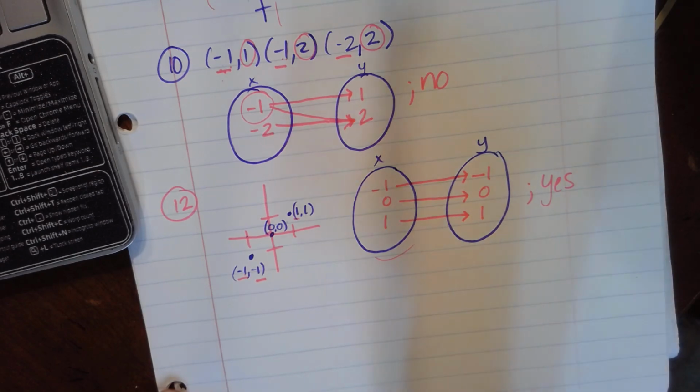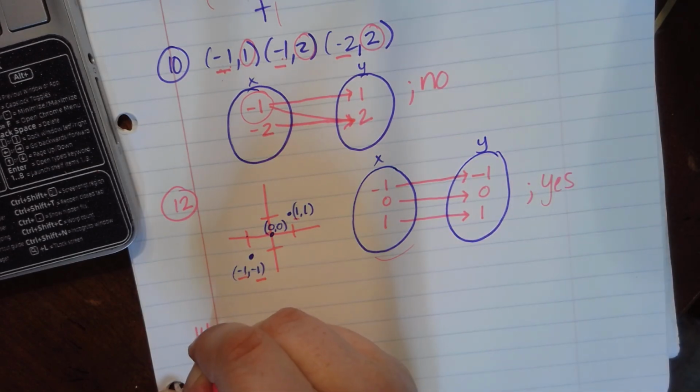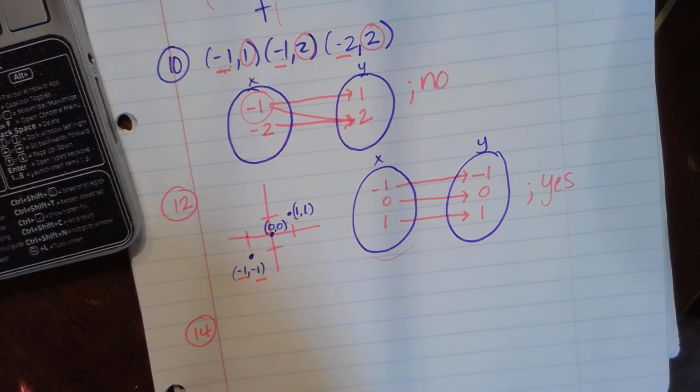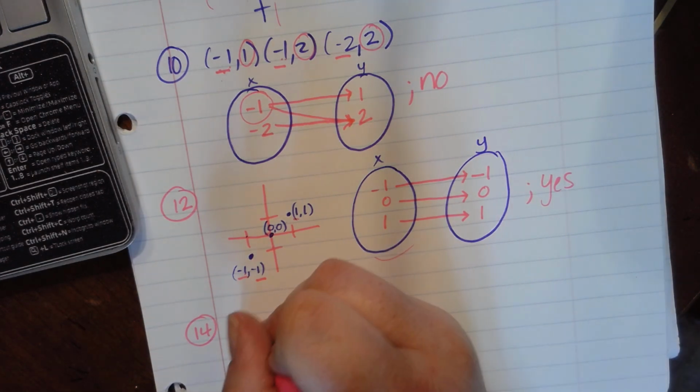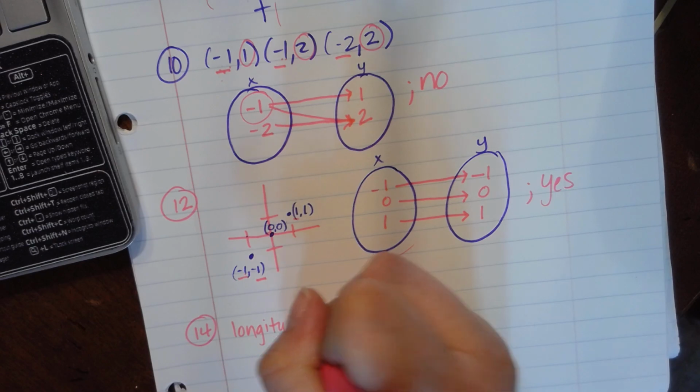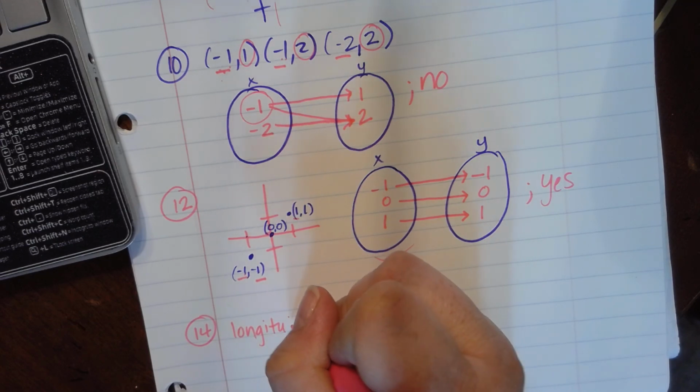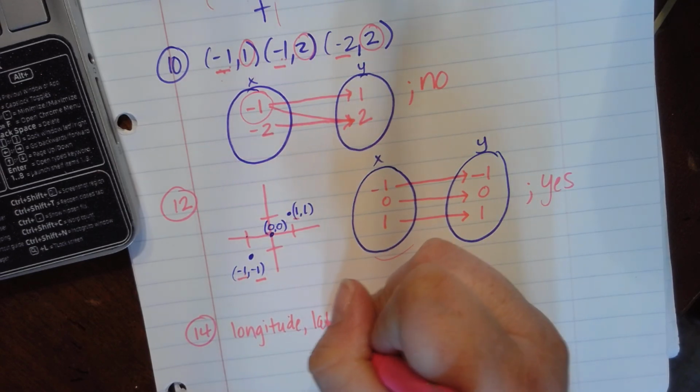Okay, so number 14 is a cool one you might like because it has a map. I'm going to show this to you for 1 second, but on a map, they're giving you longitude and latitude. Okay, so you don't have to write this, but I'm just going to show you longitude, latitude.